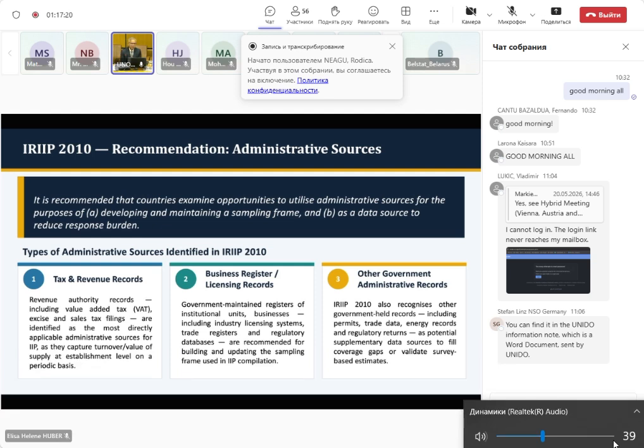Using all these three tax records, we can create a statistical business register because licensing is involved. Each and every unit, if it has to pay tax, has to file for registration, and all that data is usable.